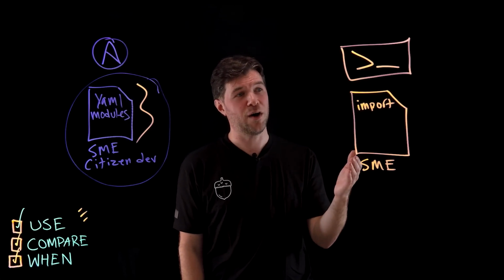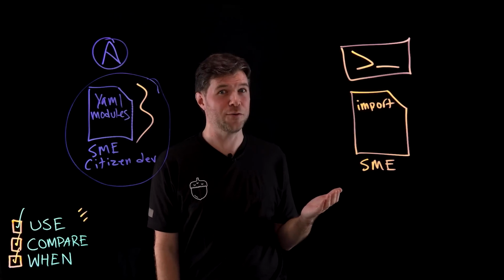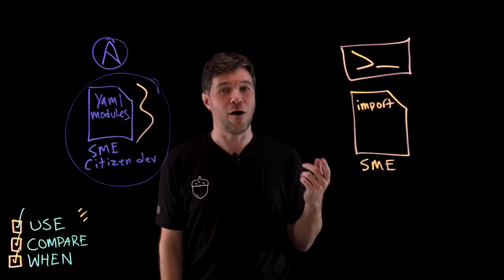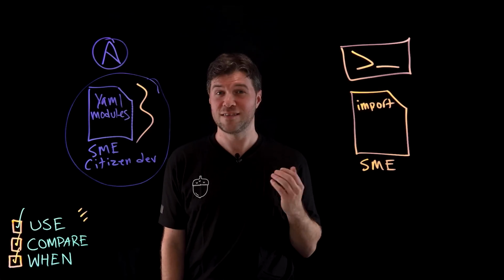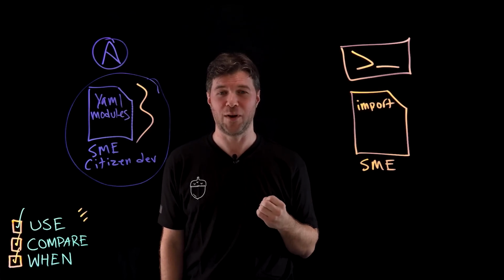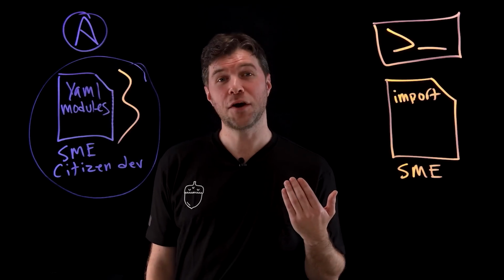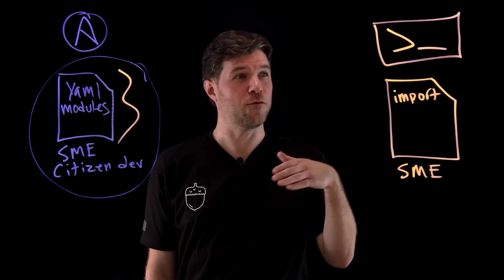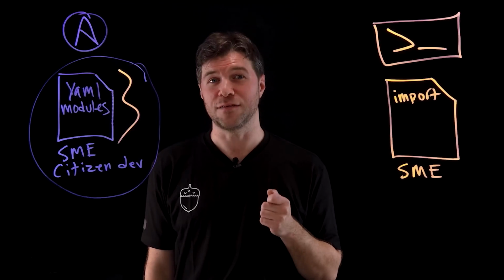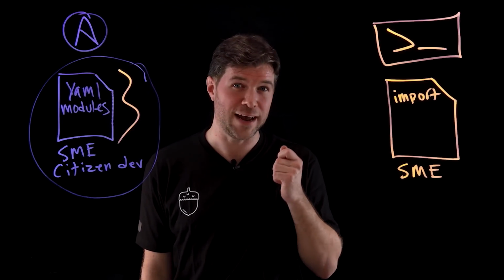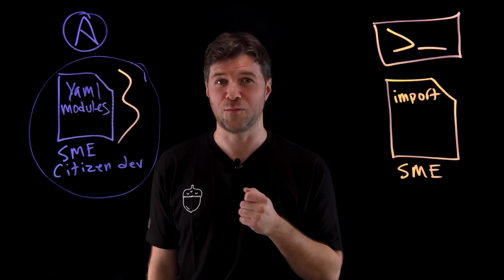Had I done this in Python, yes, I would have been able to do the same thing, but I might have been called on the weekend that I have off to go up and stand up a brand new developer instance for my application. Now that we understand why I would choose Ansible over Python or vice versa, I think you should go out and try our interactive labs page, and this is where you will gain hands-on experience with Ansible automation.